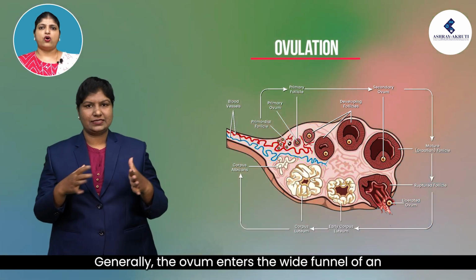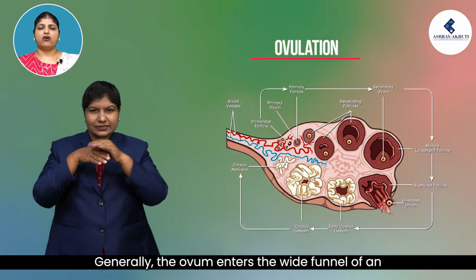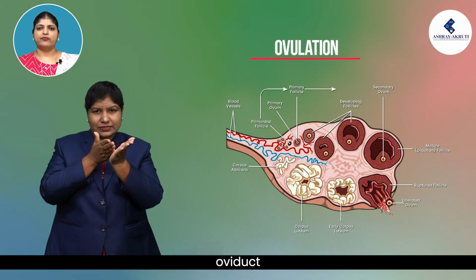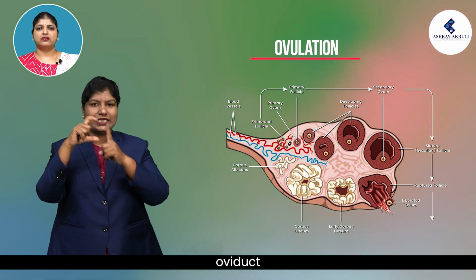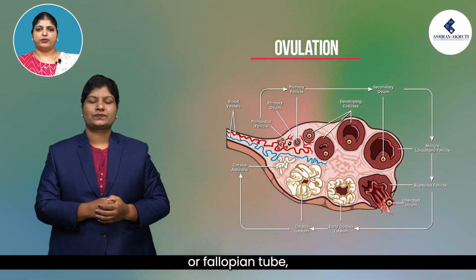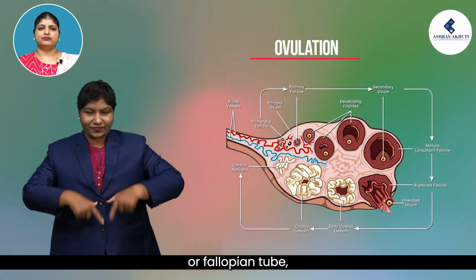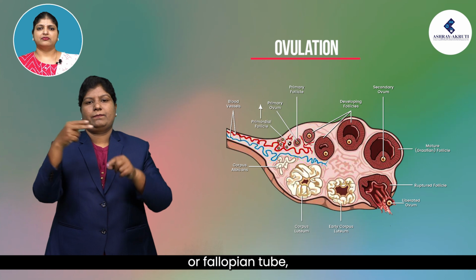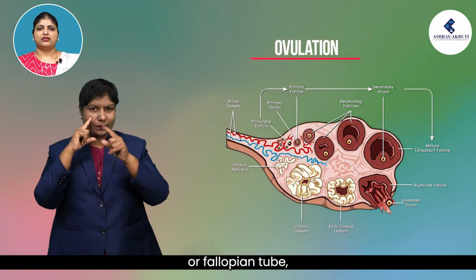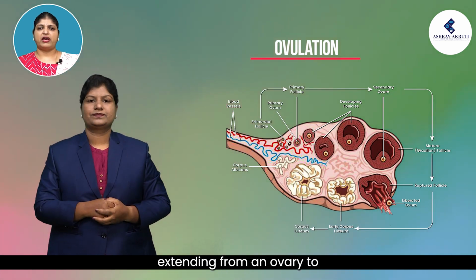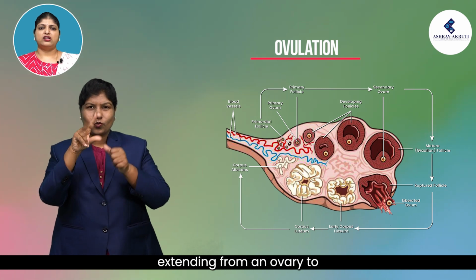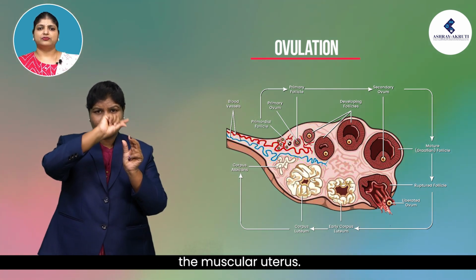Generally, the ovum enters the wide funnel of an oviduct or fallopian tube extending from an ovary to the muscular uterus.